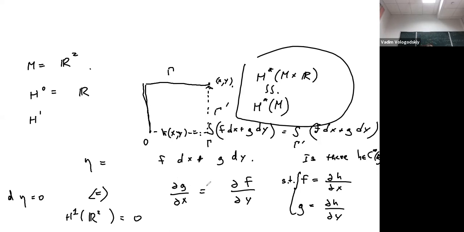I will leave for you to complete this line of argument and show that H1 of R2 is zero. In fact, H2 of R2 is also zero. So in general, for Rn, H0 is going to be R, and all higher homology groups vanish.